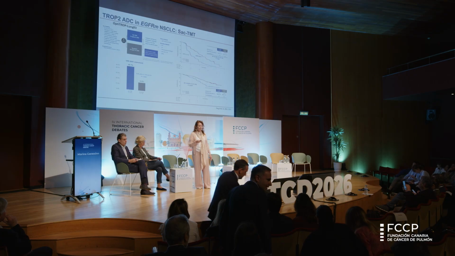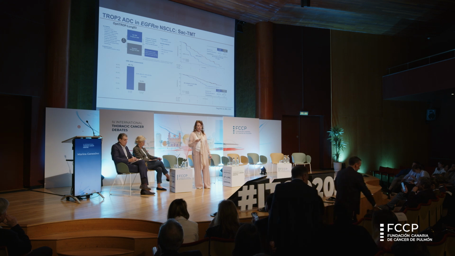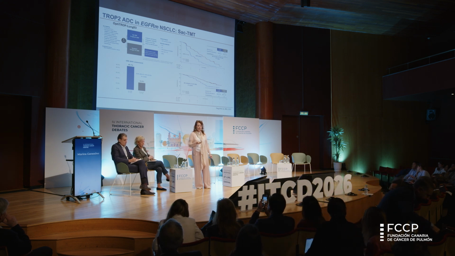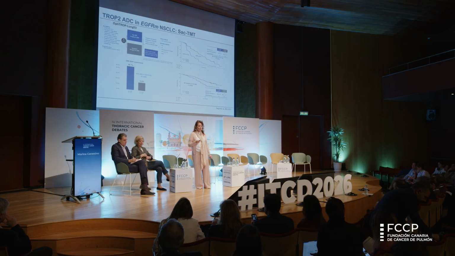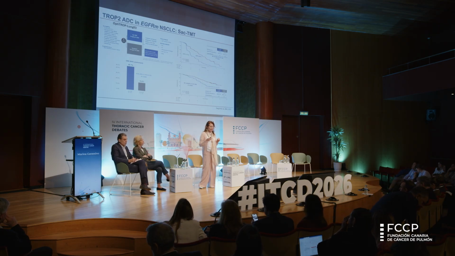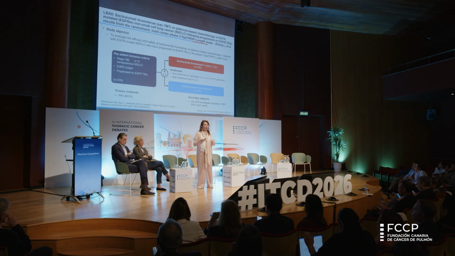And you can see this is just an Asian population, so we will see how we will translate the results in the Western countries. But you see that there is a huge progression-free survival benefit in this population, and there is also a positive overall survival. And you can see that also the response rate is 45% versus 15.6%.